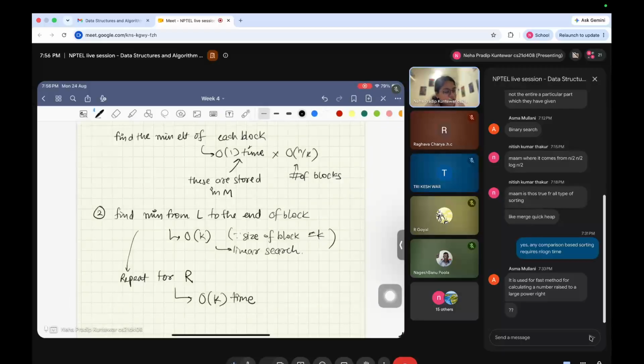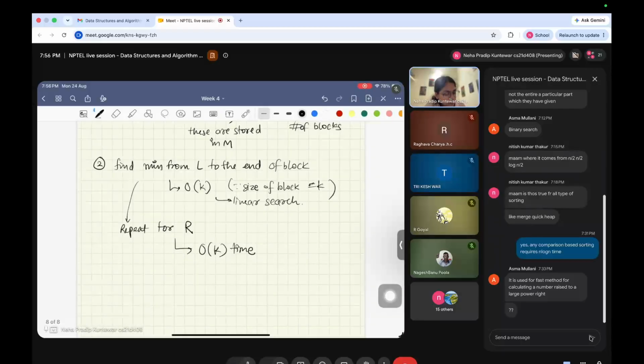So what is the total amount of time we spent? It was order n by k plus 2k. So this is the total time.